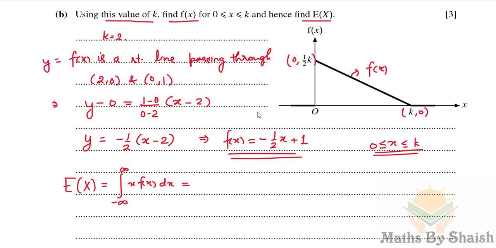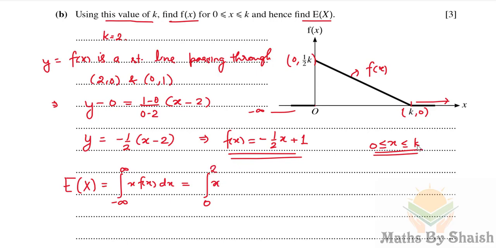From minus infinity to 0 it is 0, so the starting limit can be 0, and after k, that is after 2, f(x) is again 0, so x times f(x) is 0 and the upper limit can be 2.